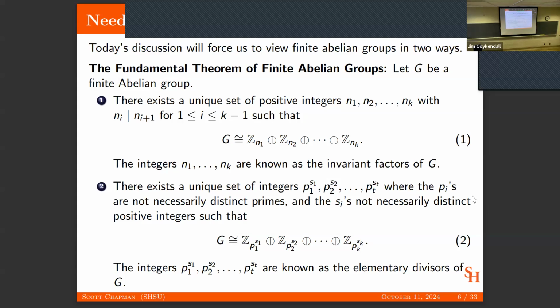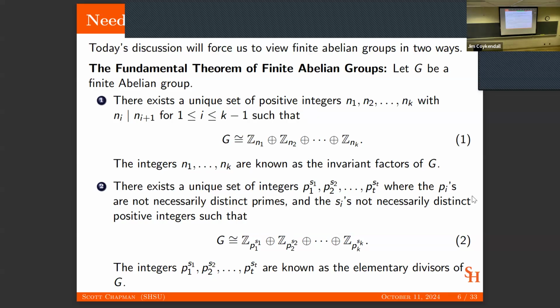But there's another way to write your finite abelian group down, canonically: there's a unique set of prime powers, p sub 1 to the s1, p sub 2 to the s2, ... p sub t to the st, where the pi's are not necessarily distinct primes, and the si's not necessarily distinct positive integers, such that you can write G out as a direct sum of cyclic groups of prime power order. So these are 2 distinctly different things.